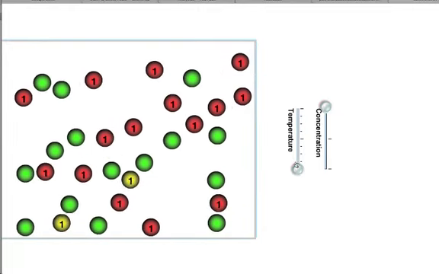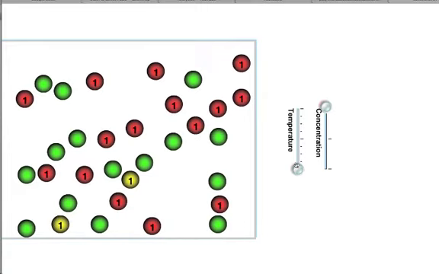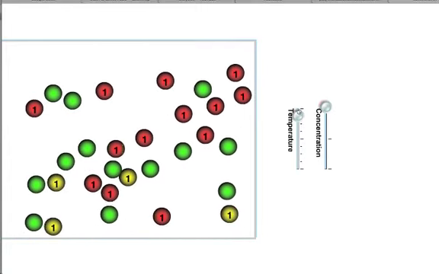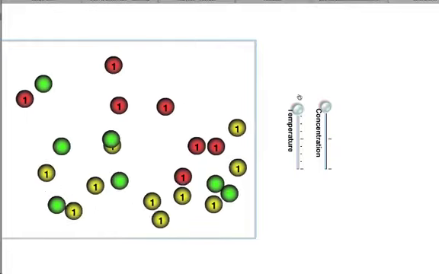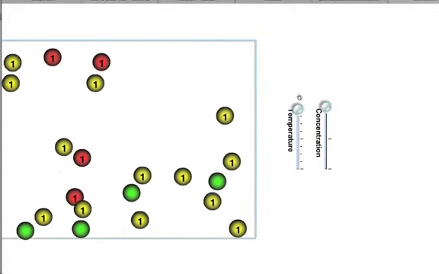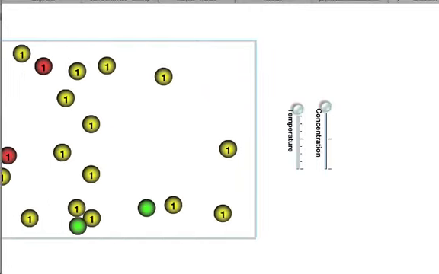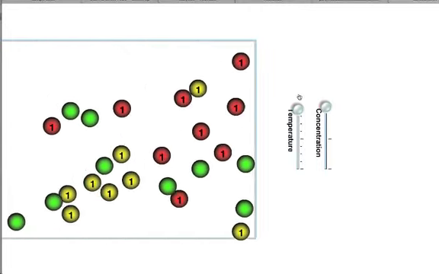And so we can also increase the likelihood that collisions will occur by making the particles move around more quickly. If we've got particles moving around more quickly, they're more likely to bump into each other. One of the ways to increase the kinetic energy of a particle is to increase the temperature.